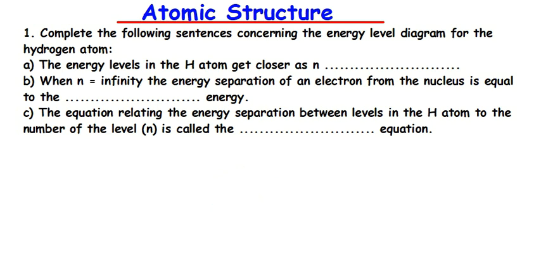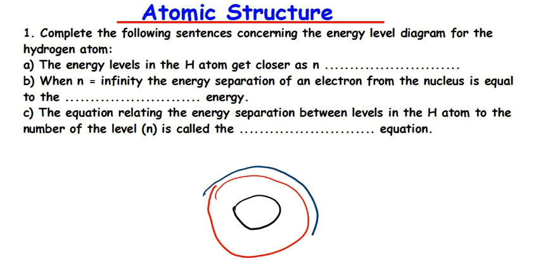Now let's answer the questions. The energy levels in the hydrogen atom get closer as n does what? In any atom that you picture, that's the first energy level, and then that's the second energy level. As you go away from the nucleus, as n increases, the energy levels get closer and closer.